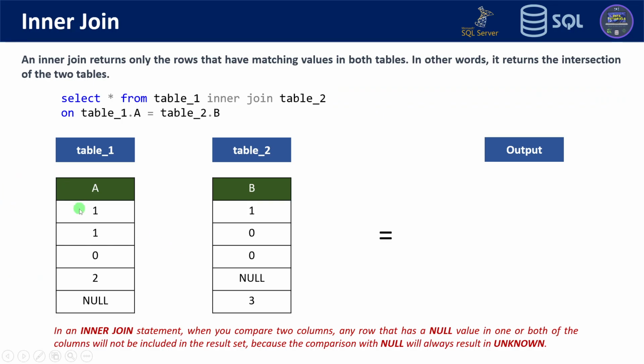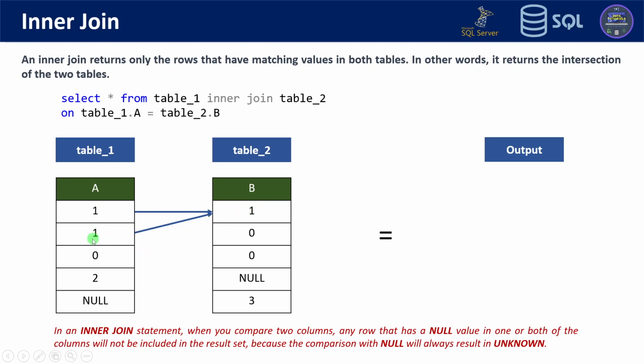First, you can see in our PowerPoint there are the values 1, 1, 0, 2, null in table 1 and 1, 0, 0, null, 3 in table 2. With an inner join, always keep in mind matching values. Look at the first value. 1 is the first row in table 1, and we check whether there is a matching value in b. You can see there are two such values, so it will be matched with those.